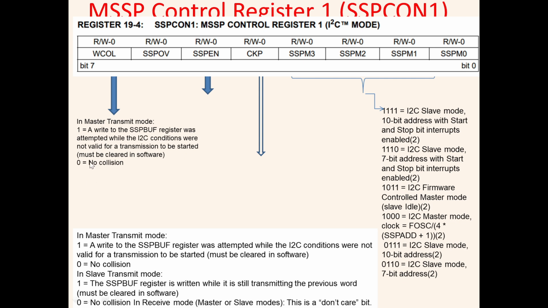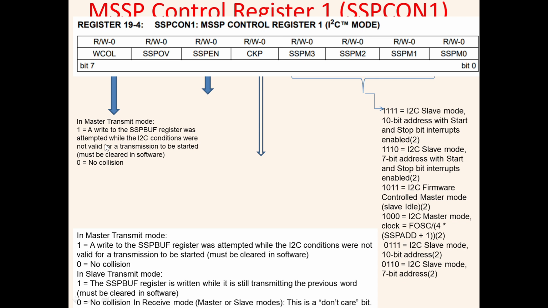So 0 indicates no collision, and 1 indicates there is a collision: the transmission was initiated, and before its completion, some data is still there for transmission. So there is a collision between old data and new data.